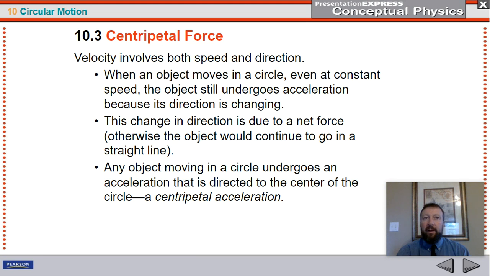If you remember from chapters 4 and 5, where we talked about Newton's laws, there must be a force acting on it in order for it to accelerate. So there must be a centripetal force causing it to move in a circular direction. That's all a force is: something causing an acceleration. But in this case, it's making it go in a circle. That's the only difference. A lot of the same things we talked about in earlier chapters, we're just now changing to be circular motion.